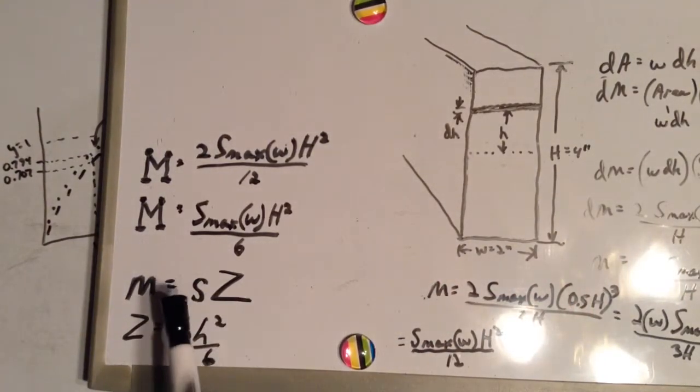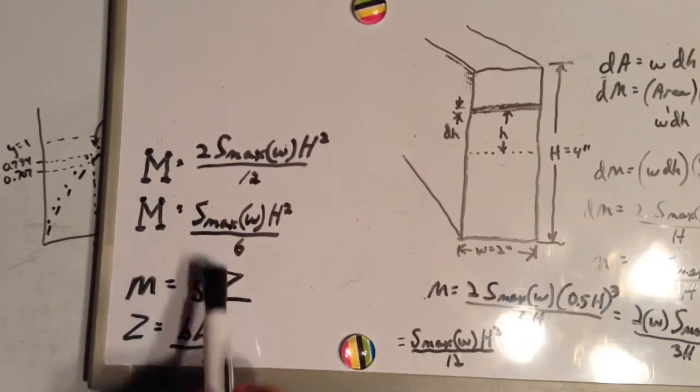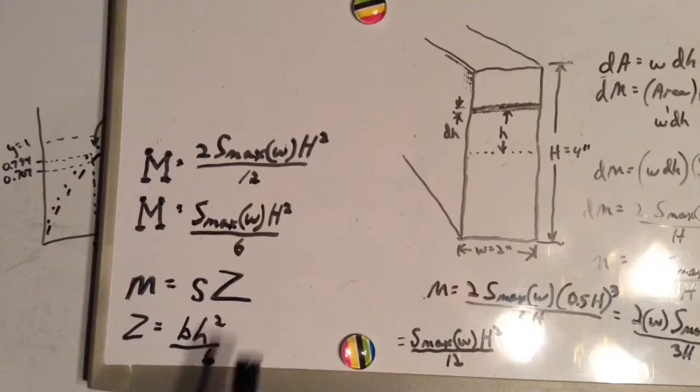And here's our old formula that we used earlier. Bending moment equals stress times Z, which is section modulus. Stress in this case is maximum stress, and Z is section modulus.